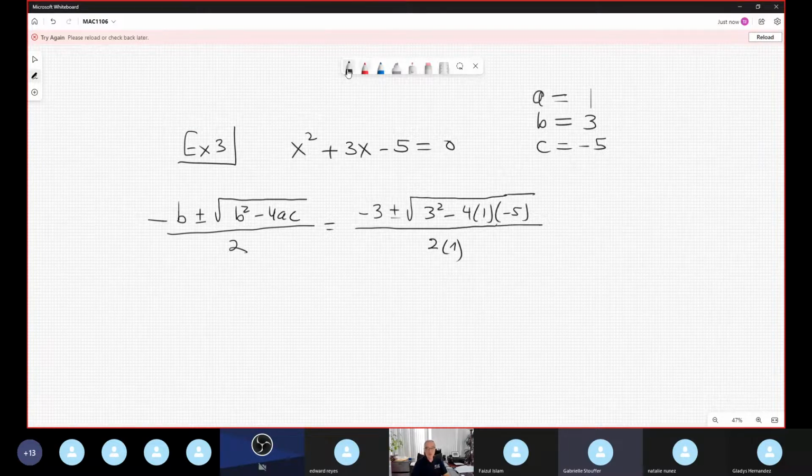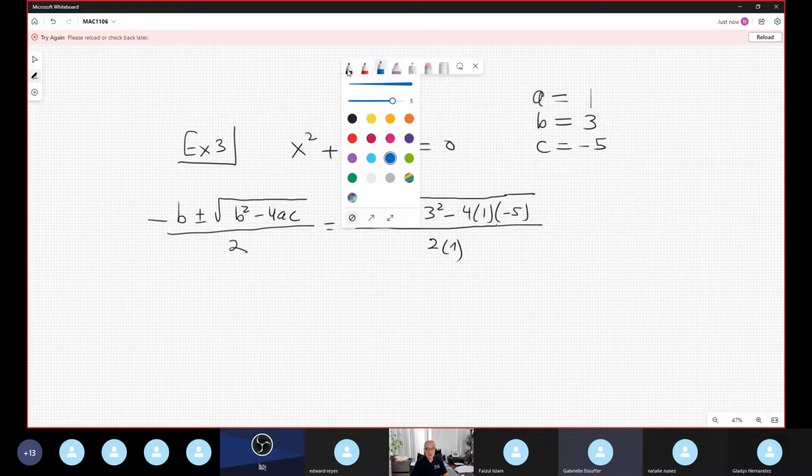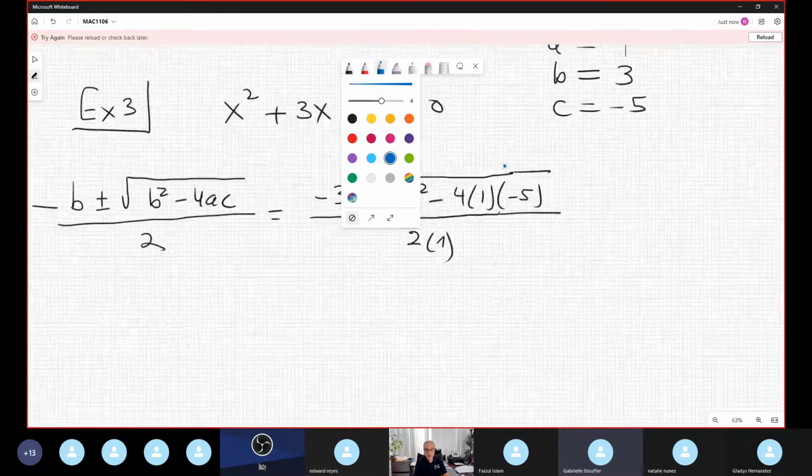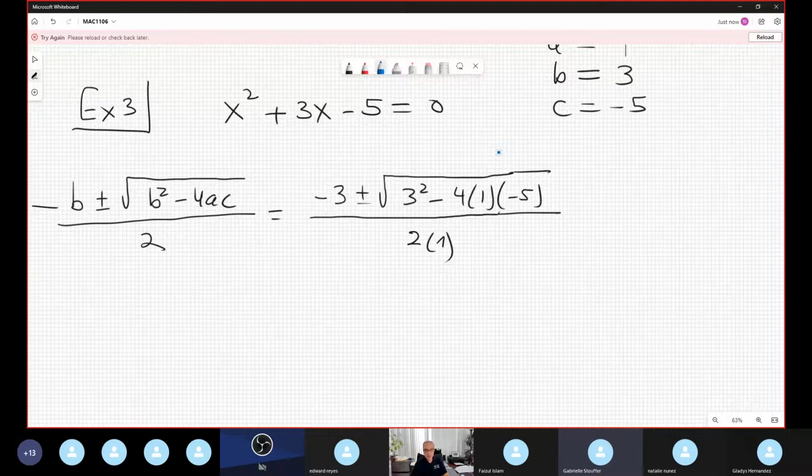Cool. Be careful now with the signs. It's important. Now I focus on the expression inside. That expression is 3 squared, 9, plus, double minus, be careful, 20. 29.